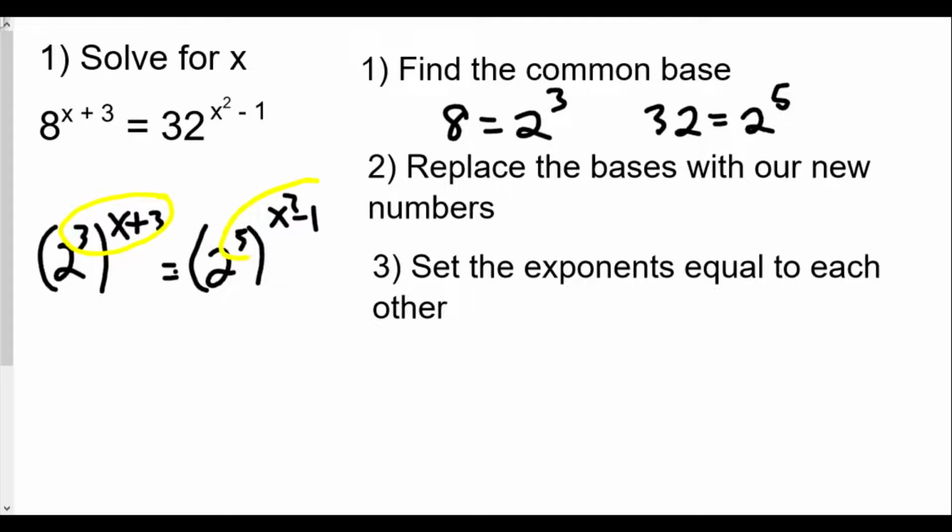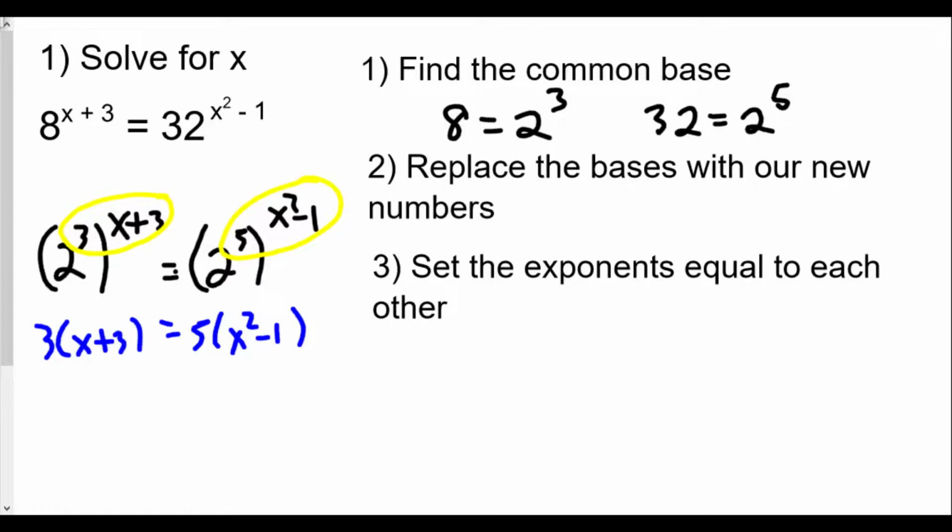So we multiply exponents here. So our new equation will be not x plus 3 equals x squared minus 1. That would be a very big error. And so instead, it'll be 3 times x plus 3 equals 5 times x squared minus 1. Because the bases are the same, the exponents are equal, because it's an equation.